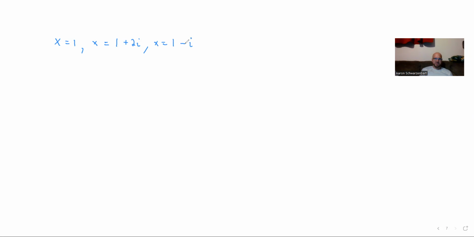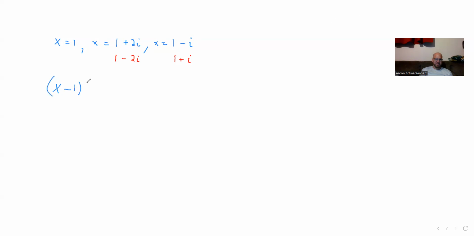Now again, with conjugates, I know I also have 1 plus i and 1 minus 2i. So writing my polynomial in factored form, this is going to be a 5th degree once I get done with it.